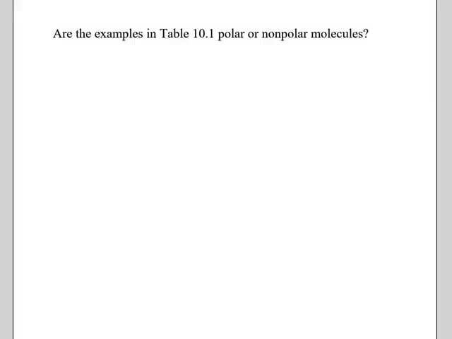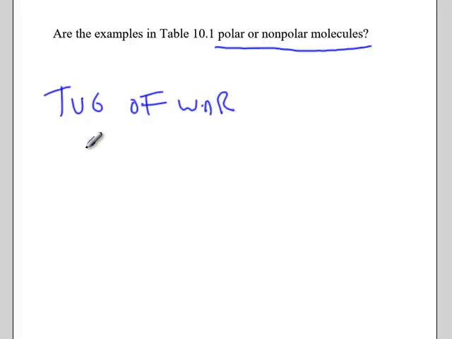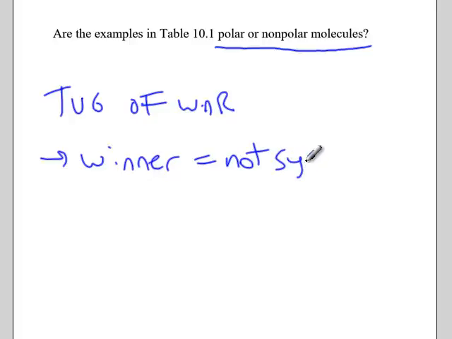So being able to draw the Lewis structure correctly lets you use table 10.1 to figure out whether the molecule is polar or nonpolar. And everything comes back to a tug of war. If there is a winner and a loser, then the molecule is not symmetrical, and that means it is polar.